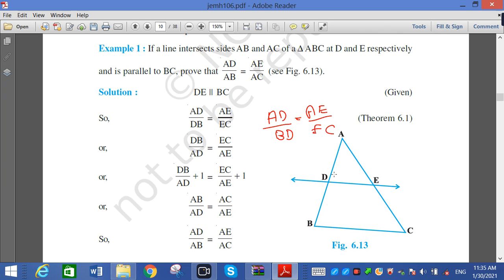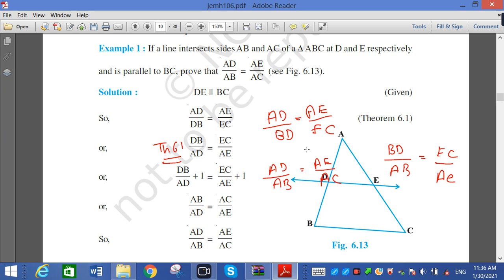We can also prove that AD upon AB is equal to AE upon AC. Another thing is BD upon AB is equal to EC upon AC. We can also prove that.